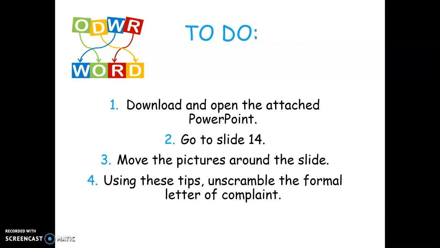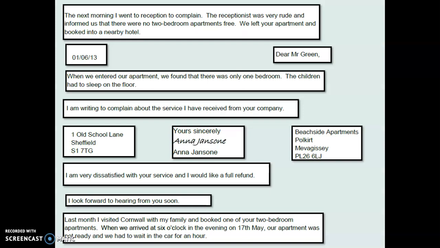Now, to practice that, download and open the attached PowerPoint and go to slide 14. You can move the pictures around the slide to make a formal letter of complaint. So unscramble the formal letter of complaint. And this is slide 14.